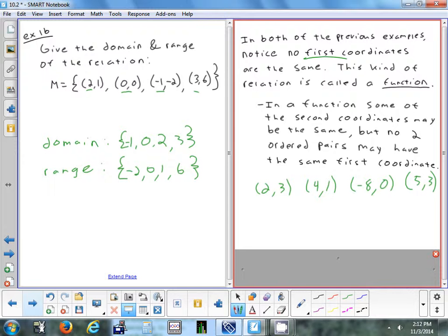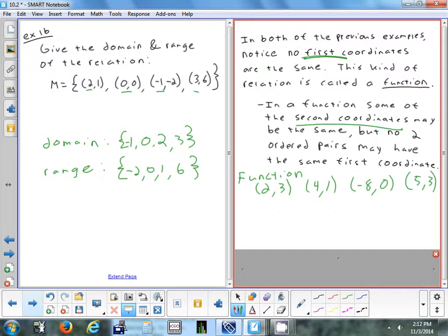Any repeats on the first number? No. Some of the second coordinates, those can repeat. That's okay. But to be a function, the first coordinates can't repeat. So this would be considered a function.